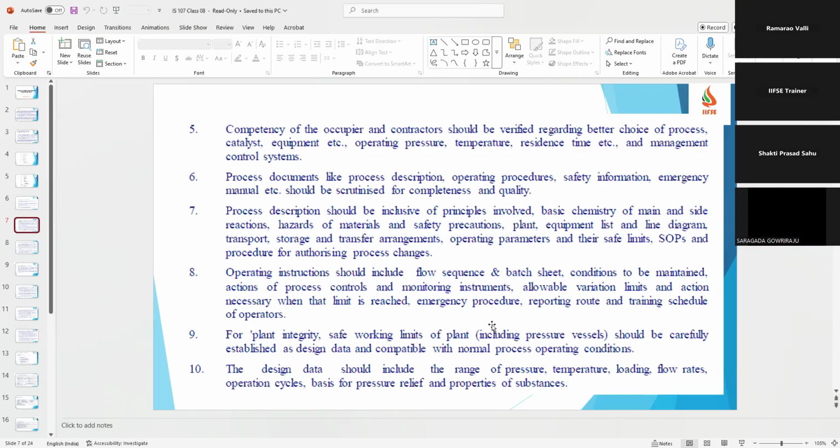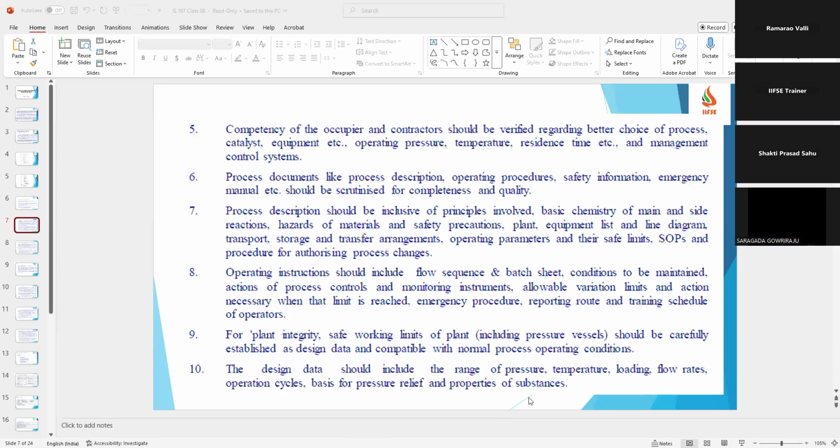So for example, in case it exceeds the limit, it is not in control, what will happen, what will be the consequences of increasing temperature, increasing pressure, increasing flow. All these things have to be identified. And also emergency procedure. For example, sometimes if the utility is out of control, what will happen, there will be a chance of runaway reaction, or it can lead to exothermic reaction.